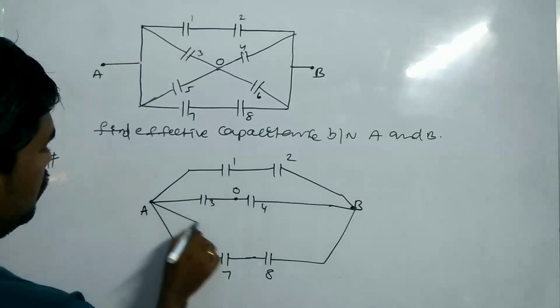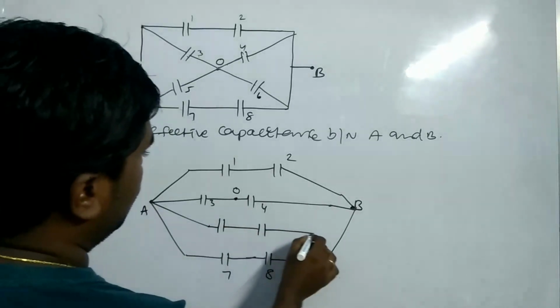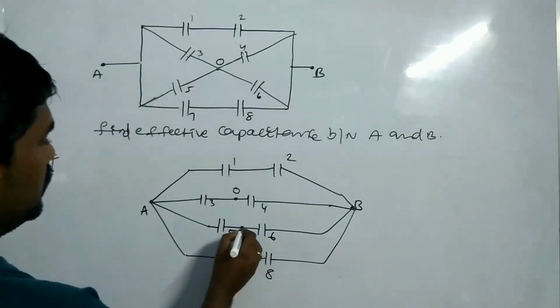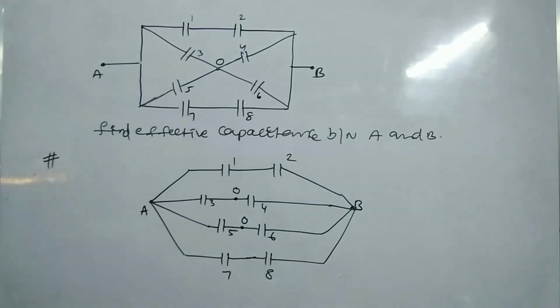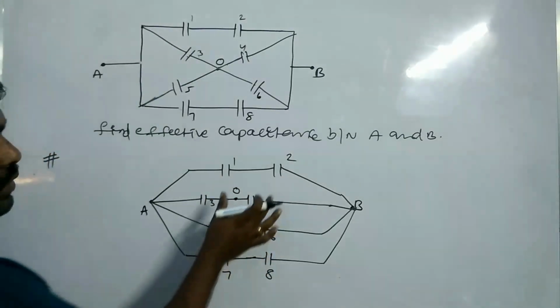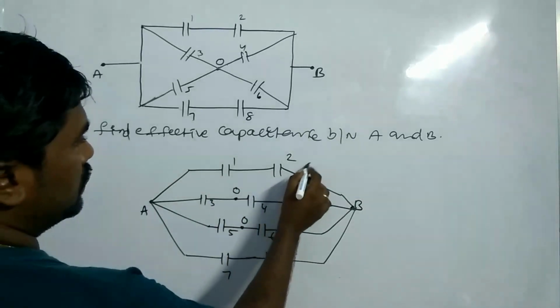So here this is the capacitor and capacitor which is connected. This is 5 and 6, and this is the center point O. So here let us see, the two capacitors are in series, CS.